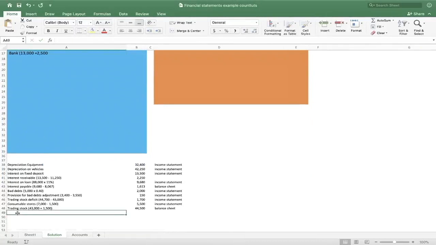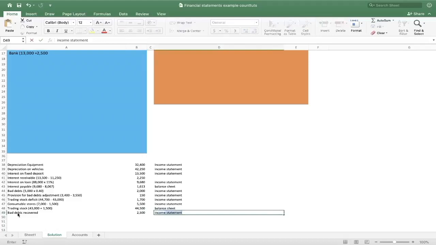Okay, so I'm going to call it here bad debts recovered or credit losses recovered. Okay, bad debts recovered, and we know it's an income. I'm going to put the 2,500 rand there, and it's going to go into our income statement.